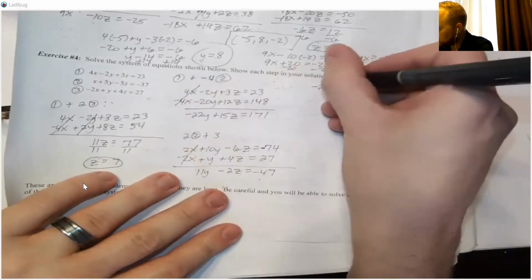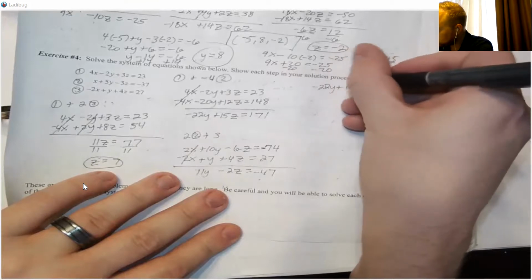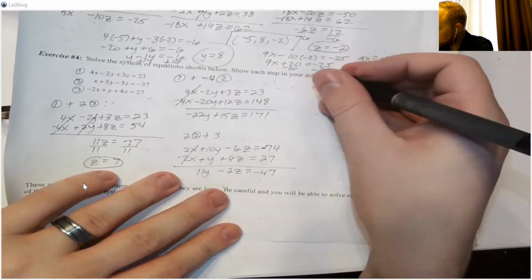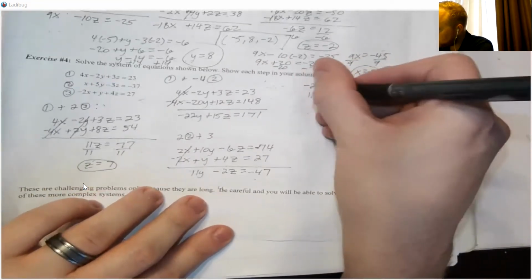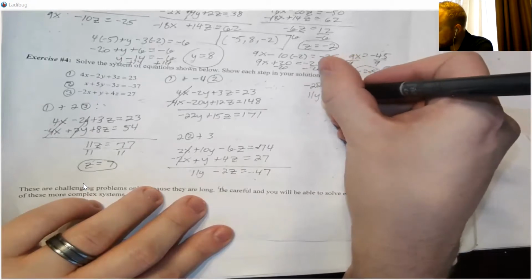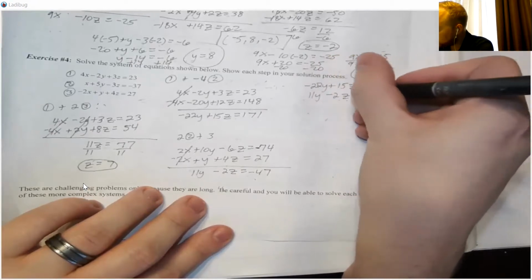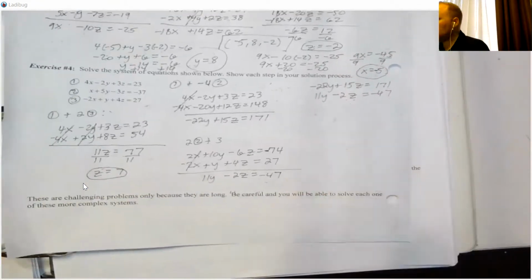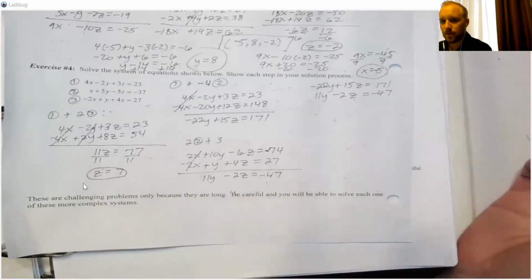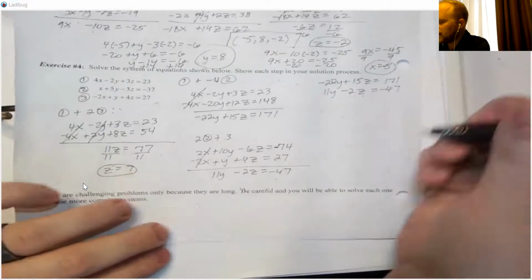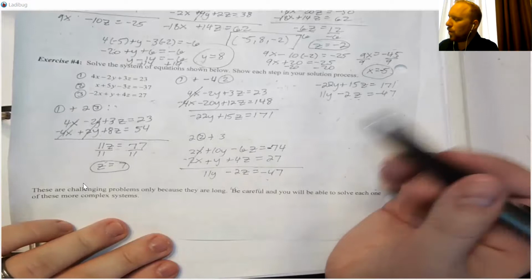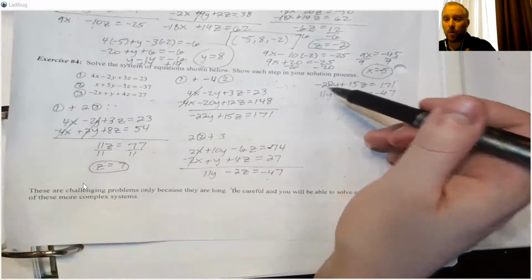I'm going to take this guy up here. And 11y minus 2z equals -47. Okay. Now, what I could do is plug in my z at any time. I could plug that z into here and solve, because I want to try and find what y is.